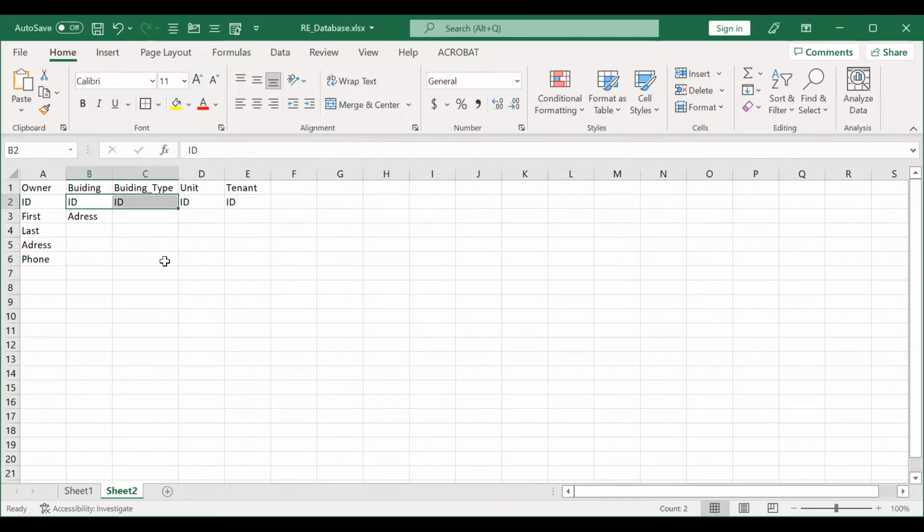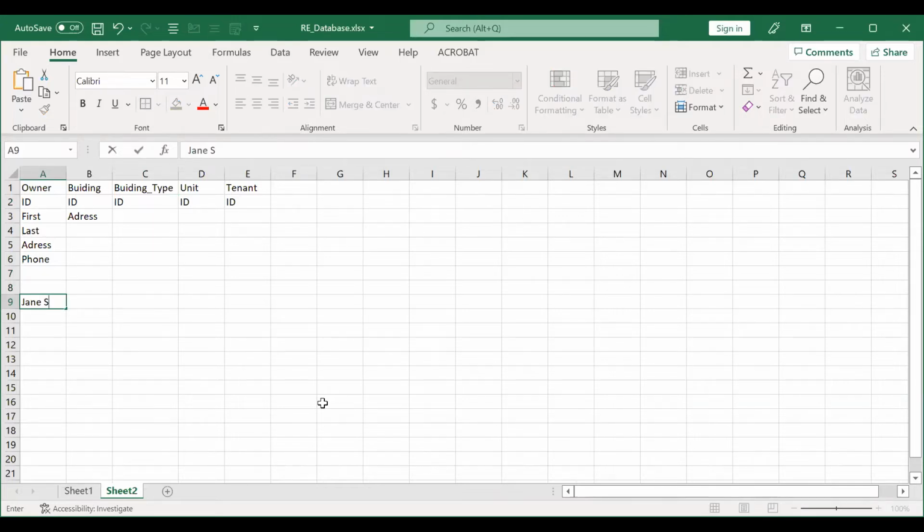By the way, I need to add some kind of records. Let's call it Jane Doe, right? Or whatever, Jane Smith. This is a record for the owner table. For the building, we have an address.